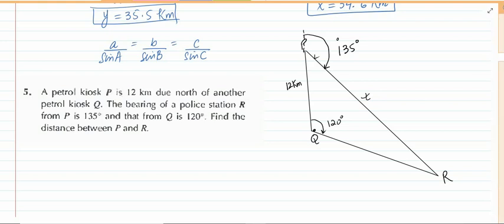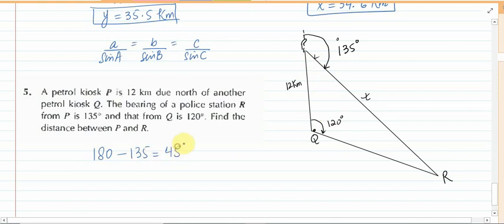Now what things do we know? We have the bearings, that means angles are known, right? You know that if QP is a straight line, then you can find this angle easily. How? We know that the angle on a straight line is 180 degrees. That means if you subtract 135 from 180, it will be 45 degrees, right?